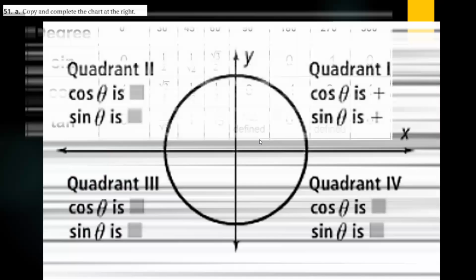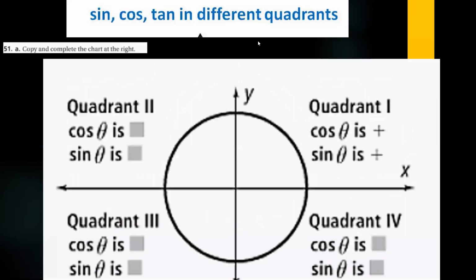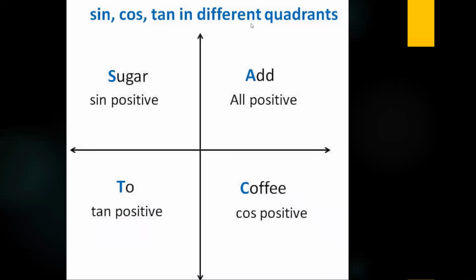So now here, let me give you an easy way to memorize them: add sugar to coffee. Letter A means all of them are positive: sine, cosine, and tan. Sugar means the sine only is positive.